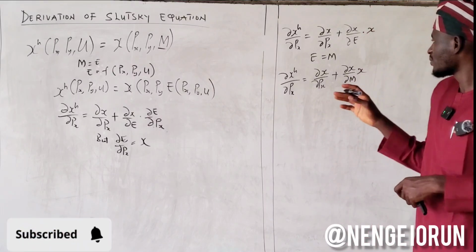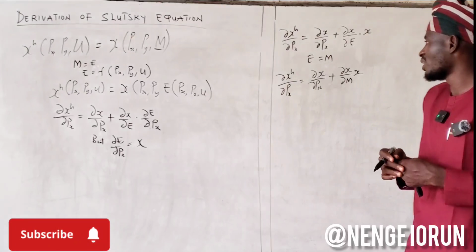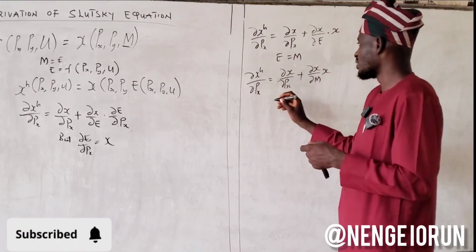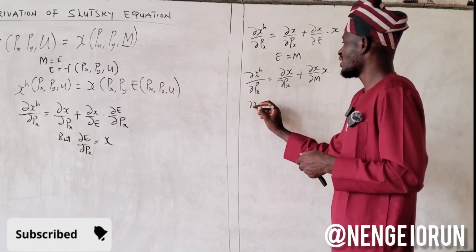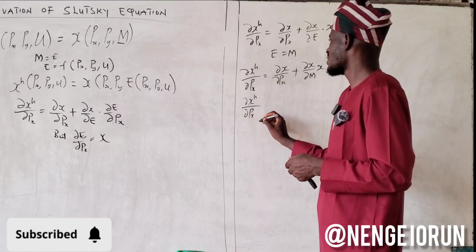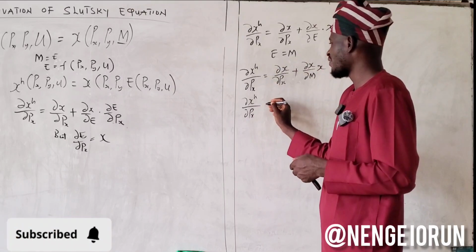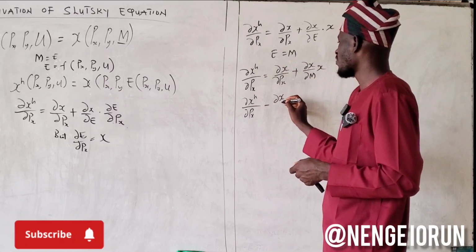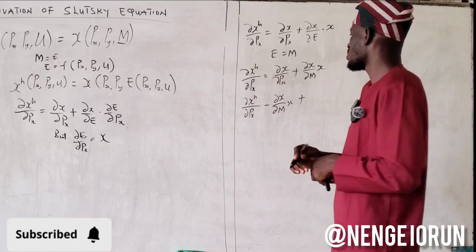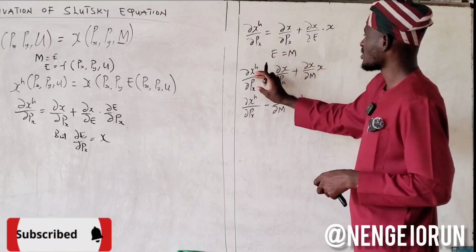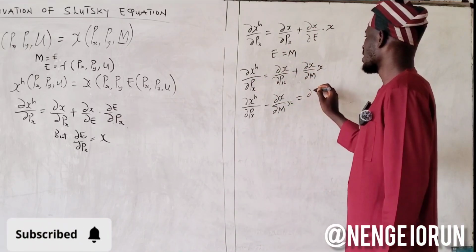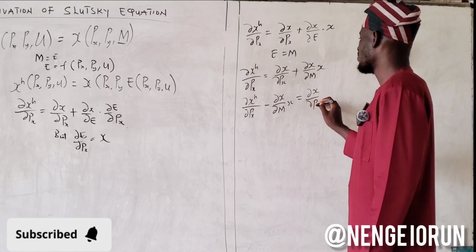So at this point, we are going to rearrange in such a way that we have this as the subject. We have the partial derivative of the Hicksian demand function with respect to the price of X. Take this to the left hand side, we have negative the derivative of X with respect to income times X. Then we take this to the right hand side. What we have on the left hand side is the partial derivative of X with respect to Px.